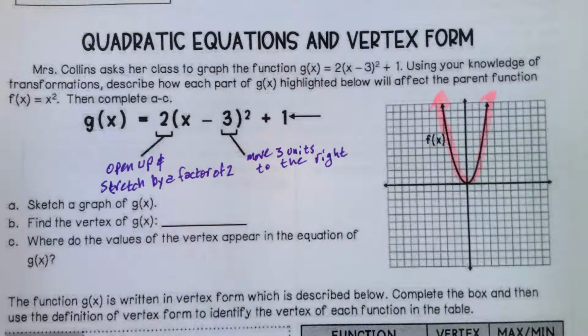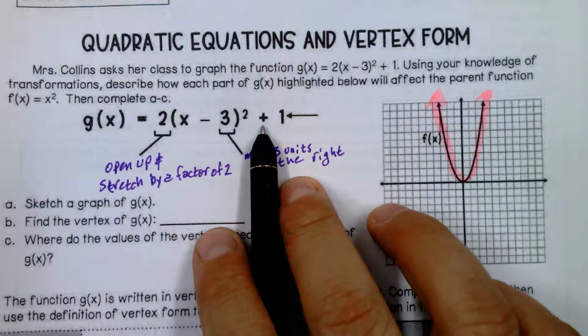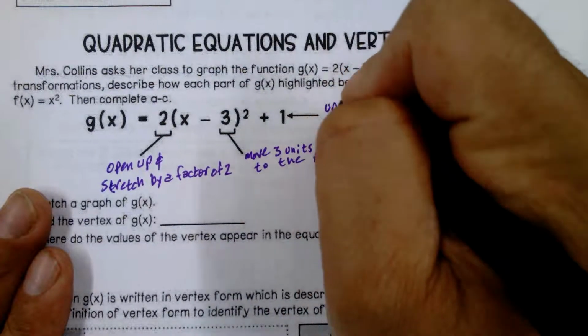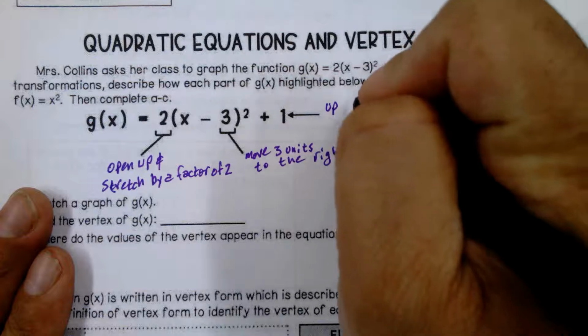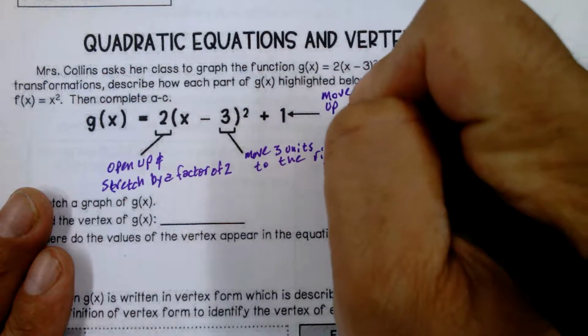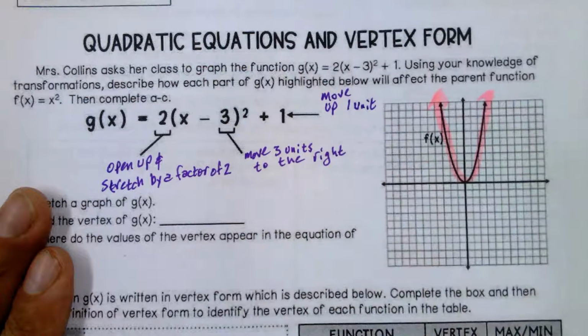Okay. And then the last thing is we have this constant plus 1. That's also going to do a move, right? Yeah. We're going to go up, move up 1 unit.